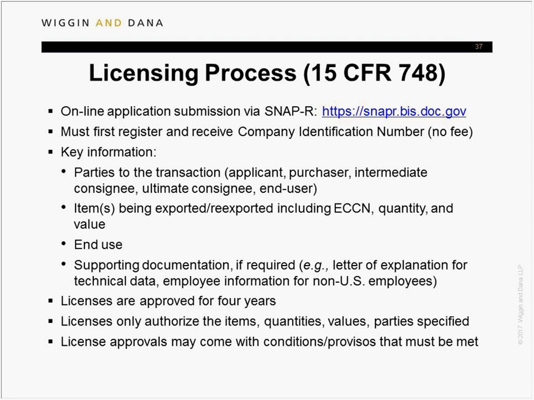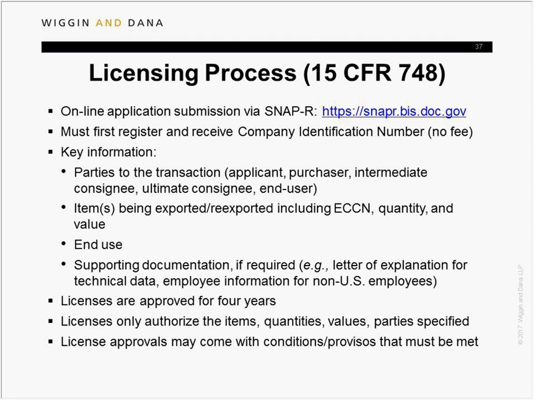Much like with DDTC, like ITAR licenses, you do have to identify the parties to the transaction, and that includes you, the applicant, the person seeking the license, the purchaser, intermediate consignees like freight forwarders or banks that are going to be holding the property temporarily, the ultimate consignee that is going to actually receive the item, and the end user, anyone to whom the ultimate consignee is going to transfer that item. Then you have to have the ECCN, so you have to know how it's classified, otherwise you can't get a license. And you also have to specify the quantity and the value that you intend to export.